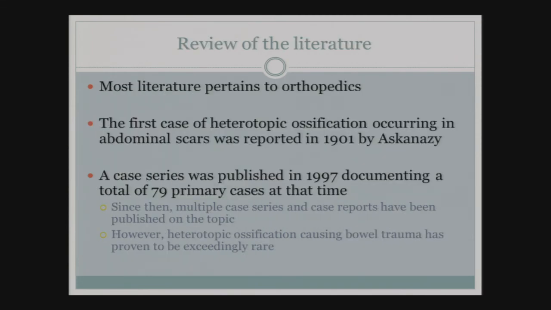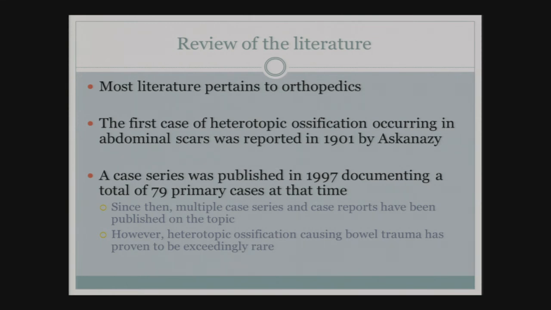Most of the literature regarding heterotopic ossification is related to orthopedics and their bone and joint cases. The first case of heterotopic ossification occurring in midline abdominal scars was reported in 1901 as a case report. There's a good case series published in 1997 documenting a total of 79 primary cases of heterotopic ossification in midline abdominal scars at that time.